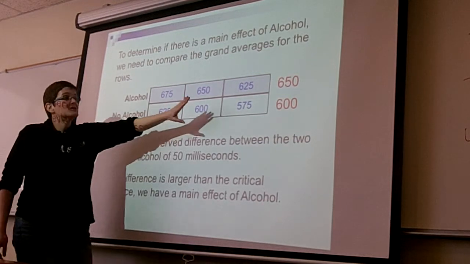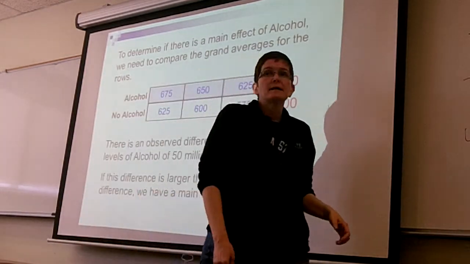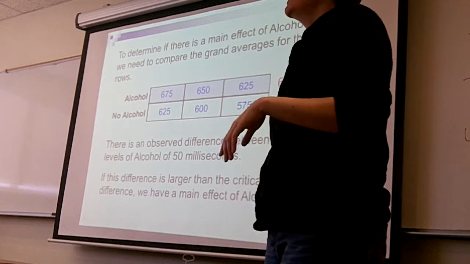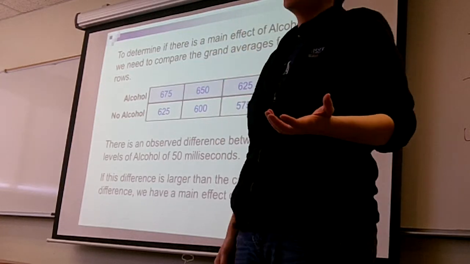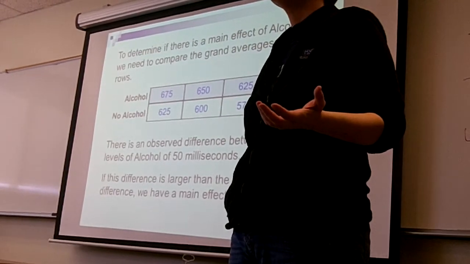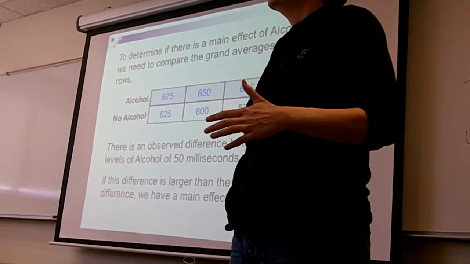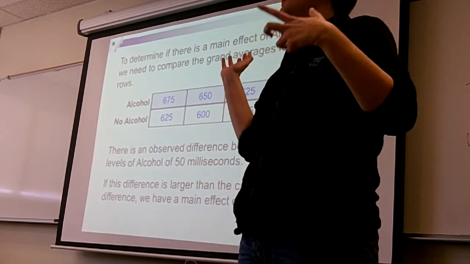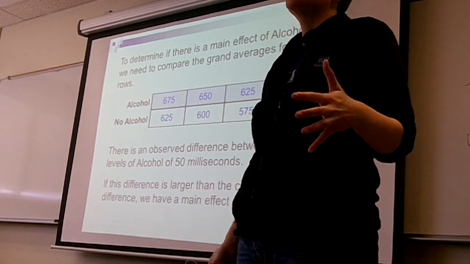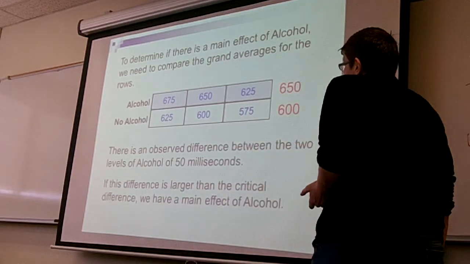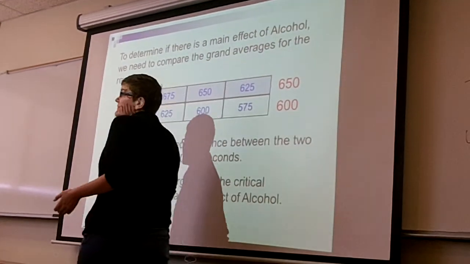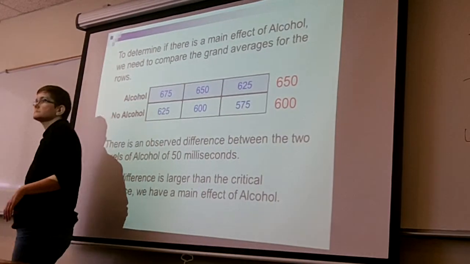What we can see here is that there's an observed difference of 50 milliseconds. All that matters now is what's a critical difference. We don't know immediately, because we don't know about degrees of freedom and all that other stuff, what a critical difference might be. But if I told you that the critical difference was 25 milliseconds, then what would you say?